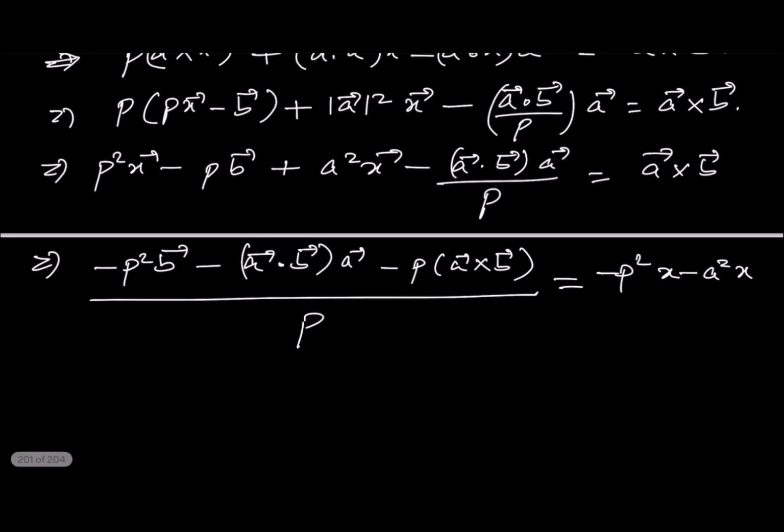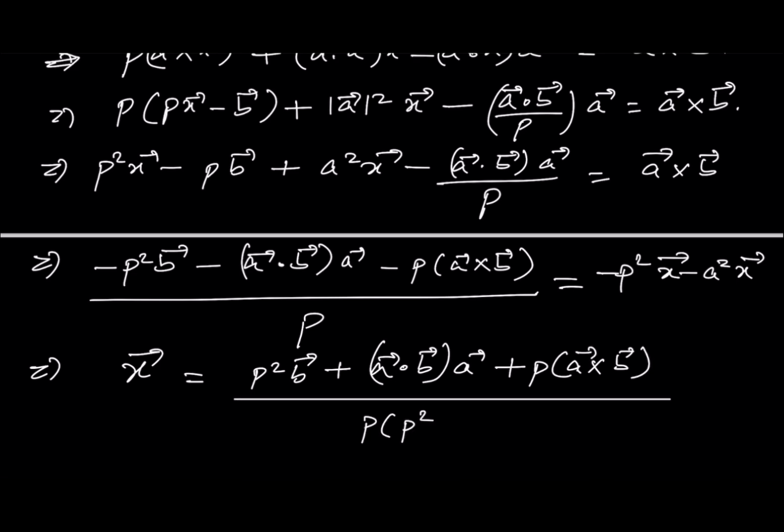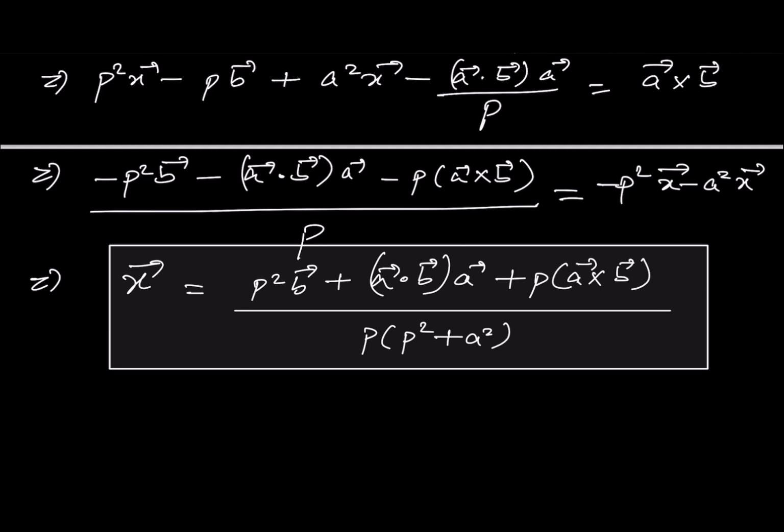Or you can say x vector. So this x vector will be p square B vector plus A dot B times A vector plus p times A cross B vector on p times p square plus A square is x required vector.